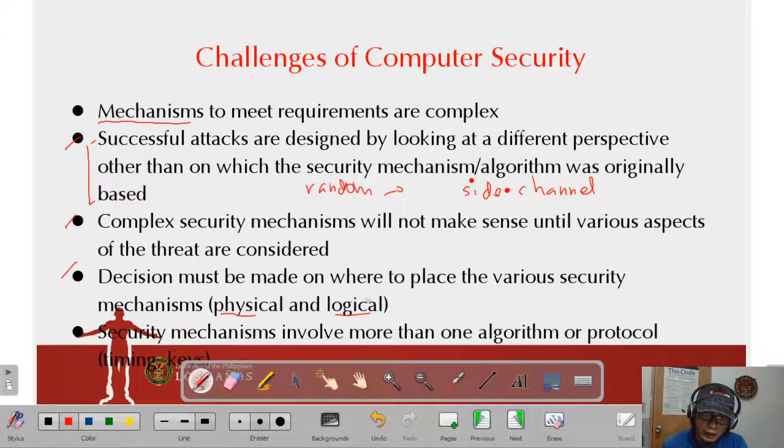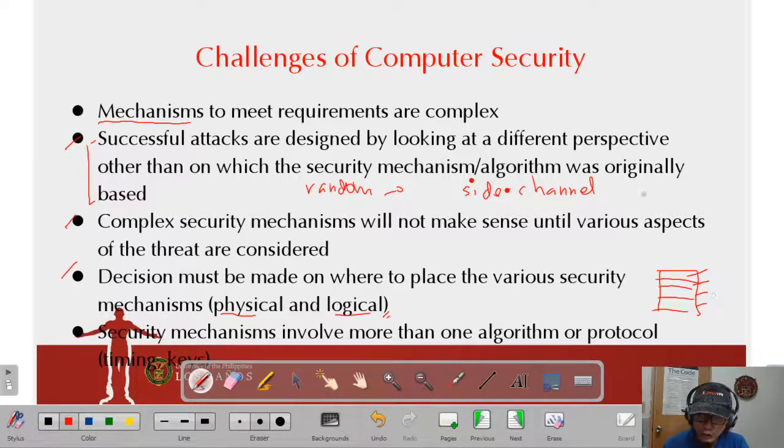Now, in the logical, we can think of this in networking, in protocols. In the case of TCP/IP, normally we can look at TCP/IP as 4 layers. So we have application, transport, network, media access.